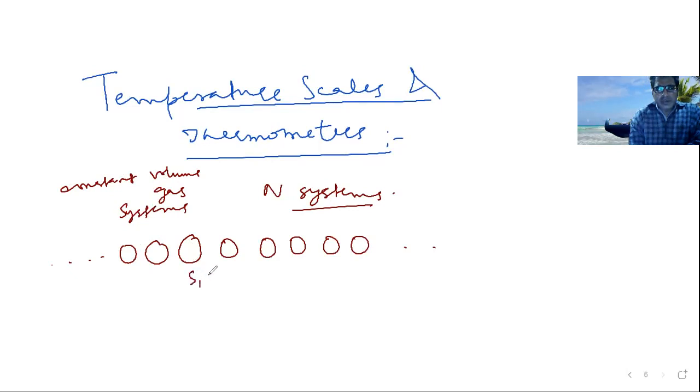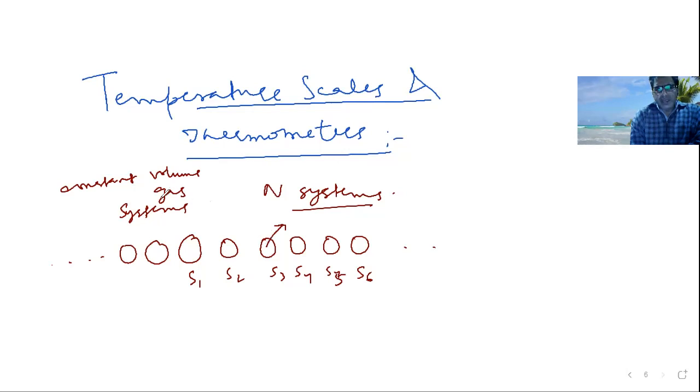Name them S1, S2, S3, S4, S5, S6, and likewise. I want to arrange them along a line in such a way that if I select some system, all systems to the right of this system are at a greater temperature than this given system, and all systems to the left of it are at a temperature lower than that of given system.